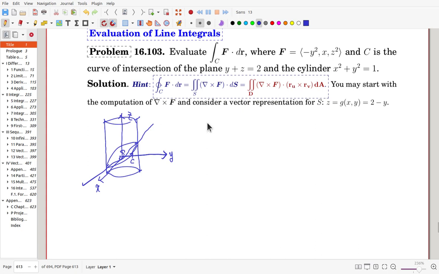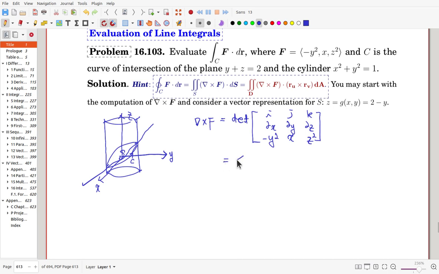So we have to find the curl of F. That is a determinant. We are using the standard formula: i, j, k, and the operator vector is the x derivative, y derivative, and z derivative. Now the vector field here is minus y squared, the second one is x, the last one is z squared.